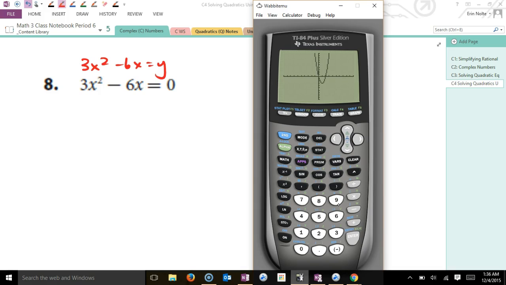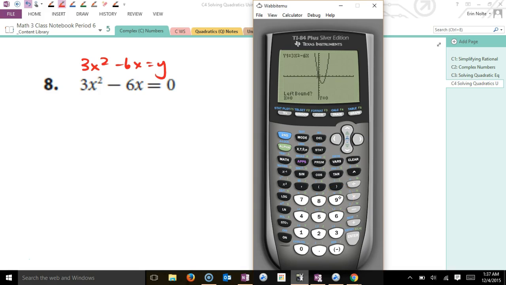So on the calculator I'm going to hit second trace. Anybody want to make a guess as to which one I'm going to choose? The zeros, because we set that equation equal to 0. So we're going to choose option number 2.